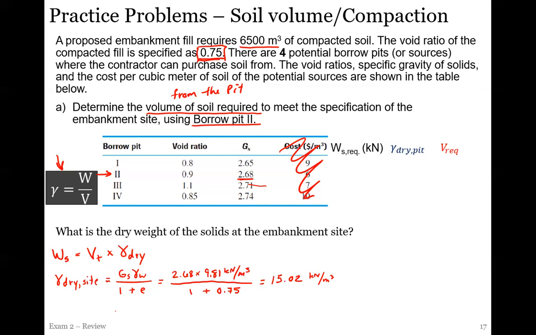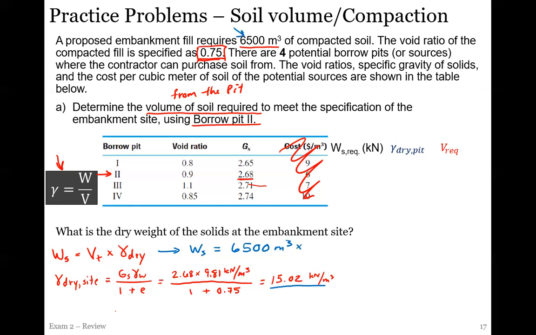So now that we have this, we can find the weight of solid required. We know our total volume is going to be 6,500 cubic meters. That's from here.